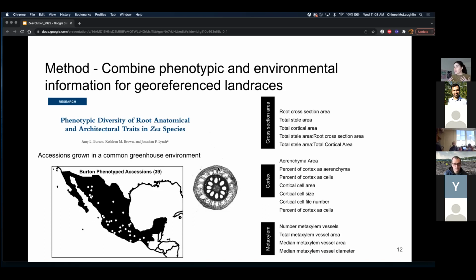And just to illustrate the aspects of anatomy that we were interested in and that we ran through this pipeline, from the images that they collected from this phenotyping effort, we were able to gather information on overall root cross-section area, the stele area of the root cross-section, the area dedicated to cortex, and then specific cortex-related parameters, including the parenchyma area, how large a cell is in the cortex, how many cells are in a file in the cortex, and then also metaxylem parameters, including the number of metaxylem vessels, total vessel area, and then also specific vessel parameters, including the diameter of a vessel and total area of a vessel.